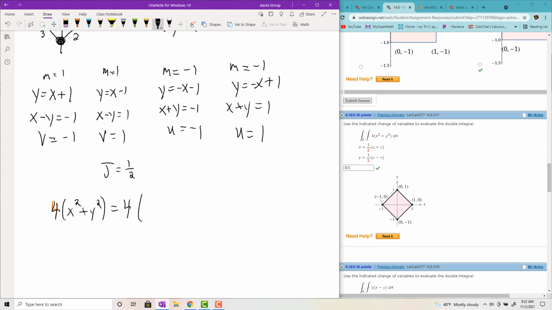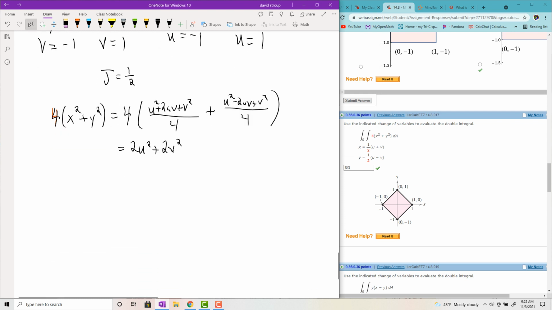So x squared is going to be u squared plus 2uv plus v squared all over 4. Y squared is u squared minus 2uv plus v squared all over 4. And now I can reduce that. Factor out the 1/4. I just get u squared plus u squared is 2u squared. The 2uv's will cancel. And then I get plus 2v squared in my integral.